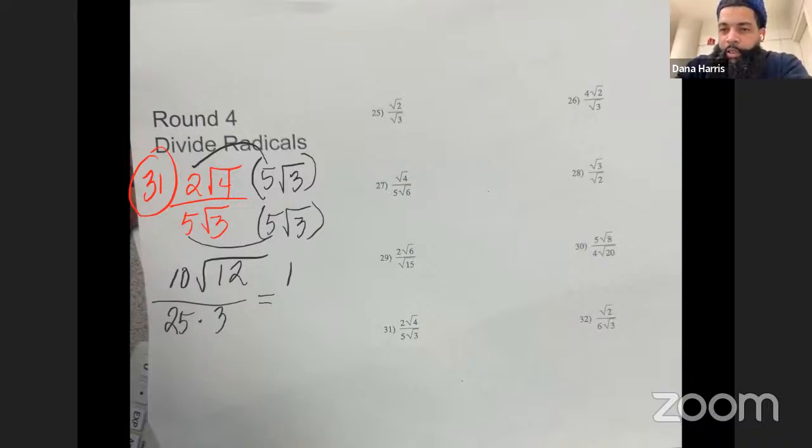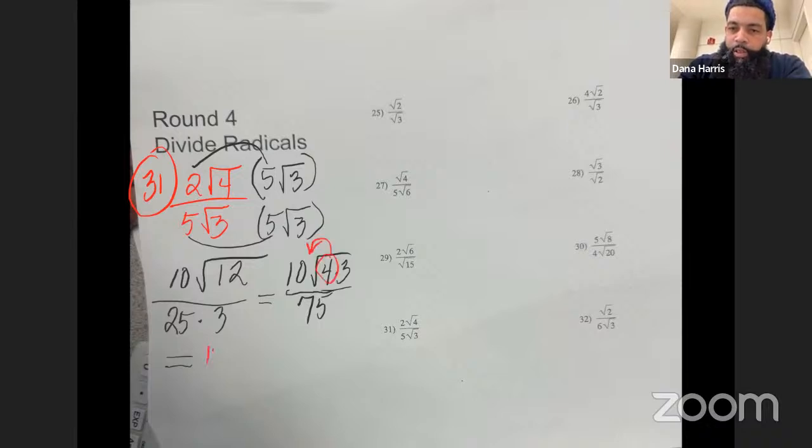So I have 10. I have 4 times 3, because I could break that 12 down into a product of a perfect square number, then over 75. All right, so now I got to take the square root of that 4 under the radical and multiply it out there.